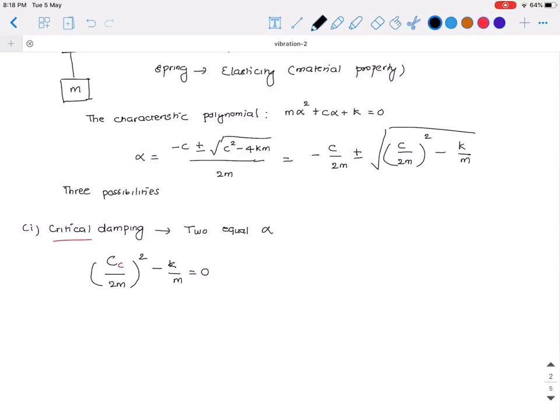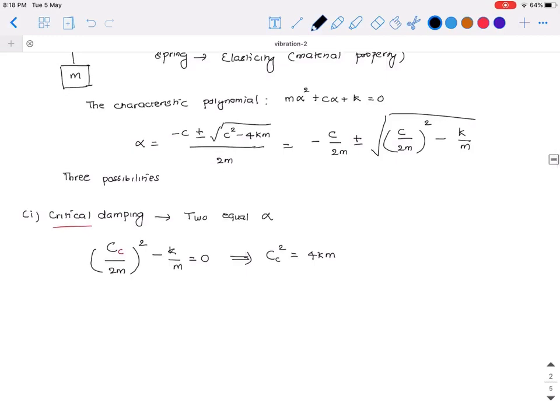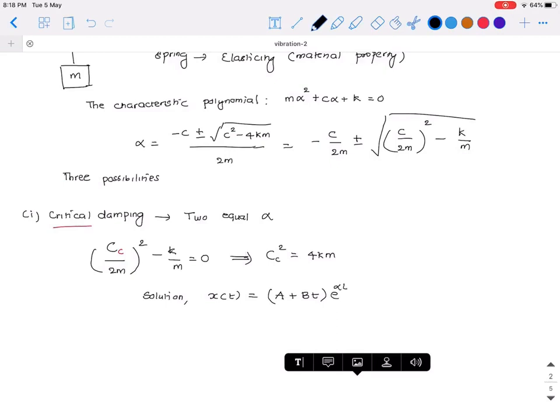So this will give you c_c square is 4km, and the solution of the differential equation x of t is written as (a plus b t) e to the power alpha t.